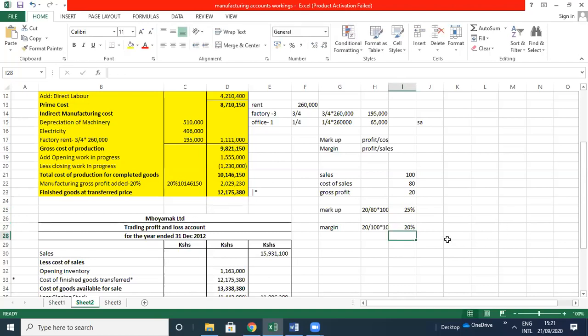Markup and margin are different, and therefore it will depend on what you've been told about the gross profit. Was it based on sales or was it based on cost of sales? Was it a margin or a markup? That should be very clear.